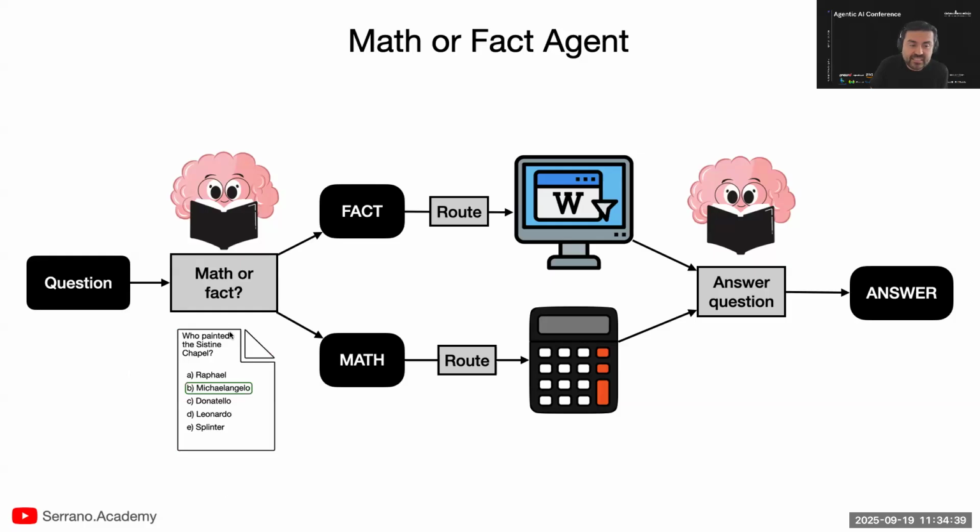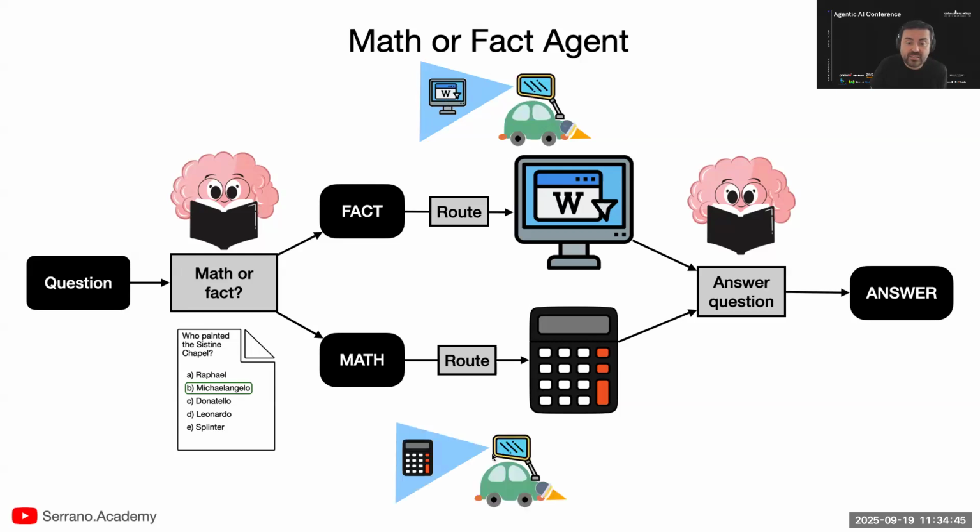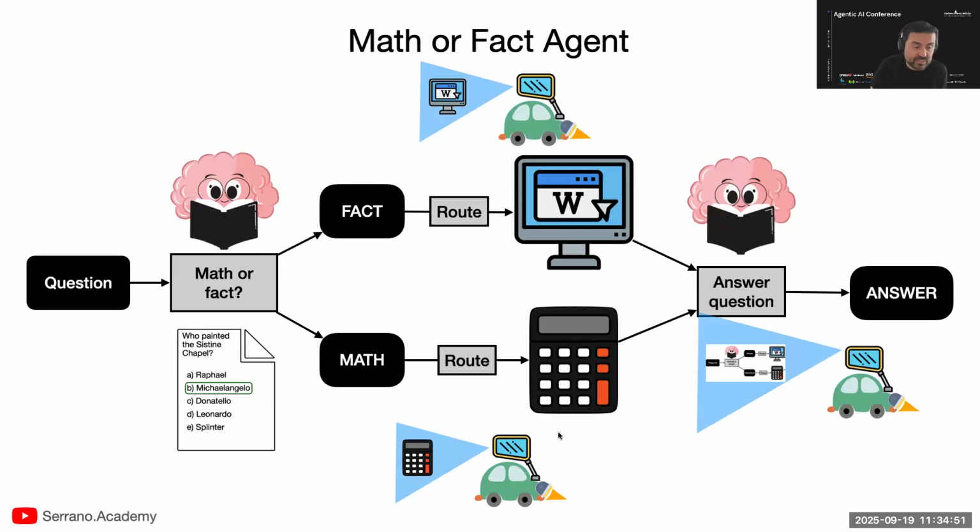Math or fact is a multiple choice question. That's easy. RAG is easy when you put the results. Doing a calculation is easy when you use the calculator app. And answering a question is easy when you got all the information from these ones. So every step here uses the rearview mirror. Nothing uses very much the headlights. And that's what you should do when you make agents.